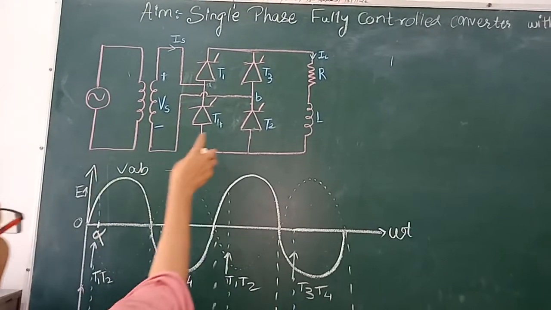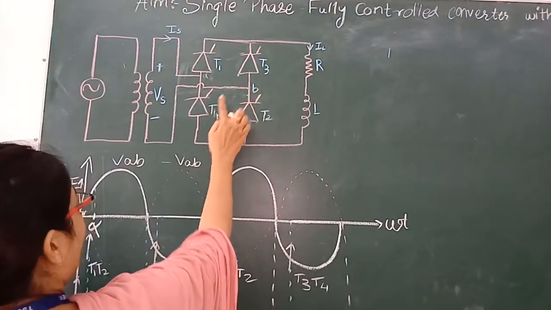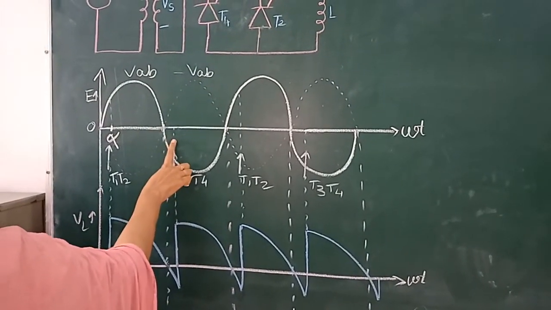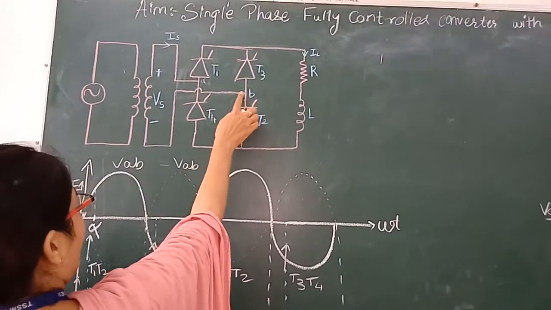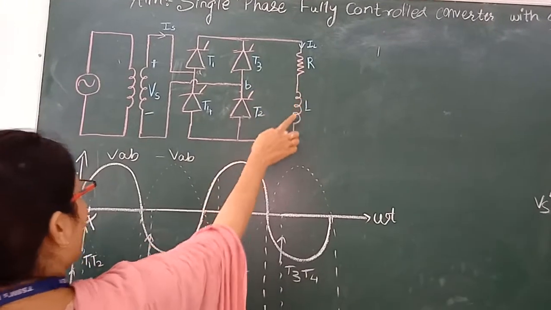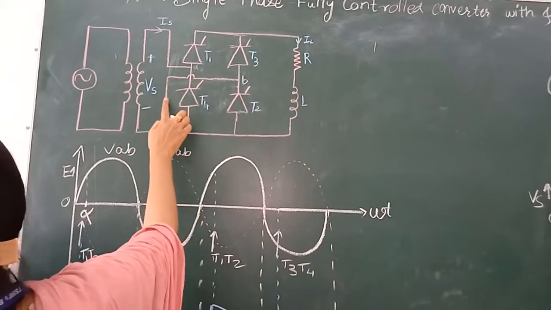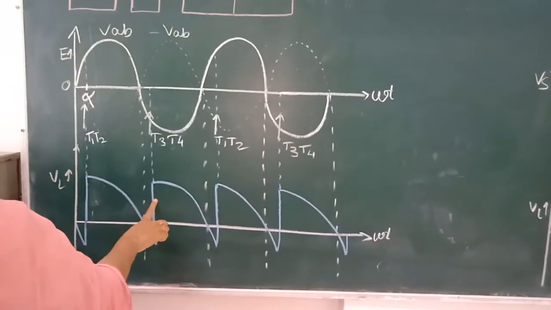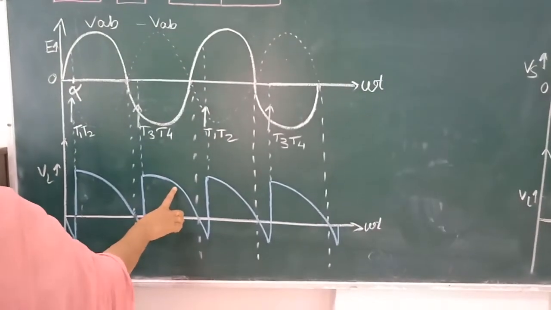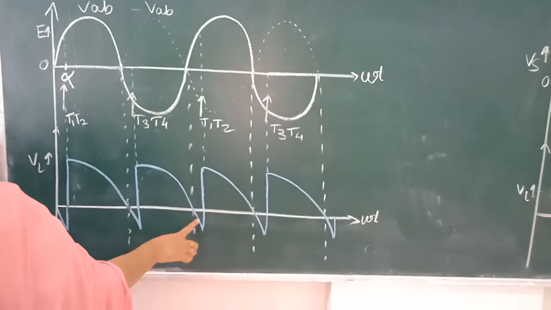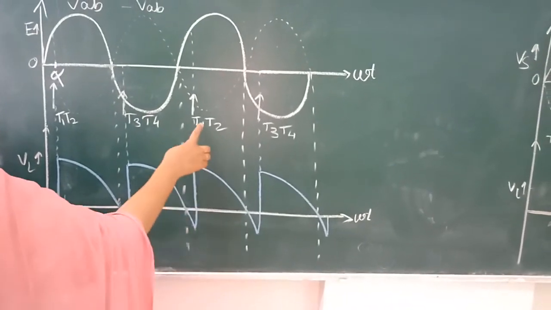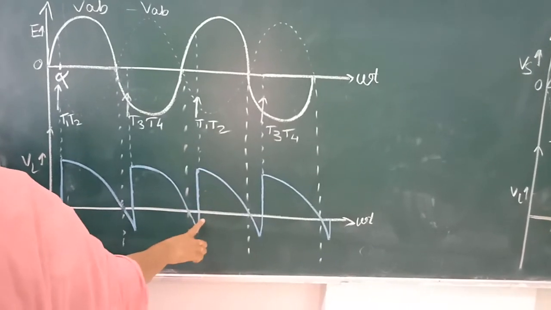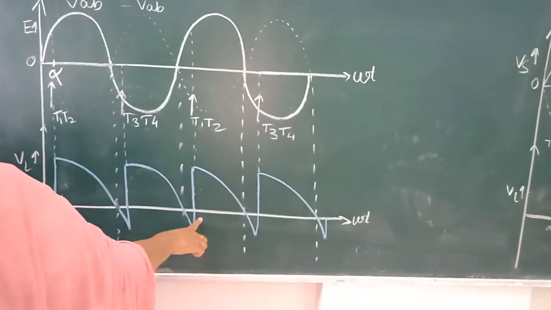Now when thyristors T3 and T4 are conducting at omega t equal to pi plus alpha, the direction of current is from T3, load, T4 and back to supply. At this time the output voltage is equal to minus Vs, and T3 and T4 will continue to conduct till again the remaining thyristors T1 and T2 are triggered, that is at 2 pi plus alpha.